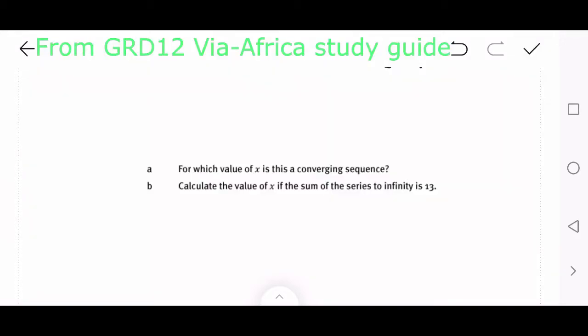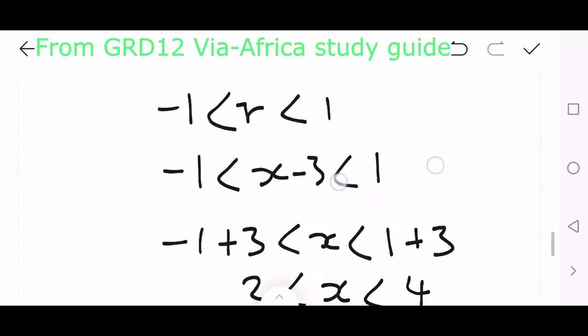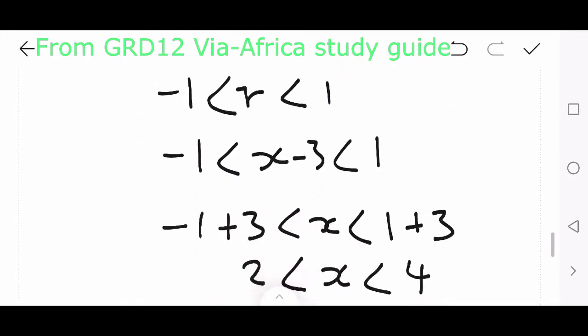The next question says, calculate the value of x if the sum of the series to infinity is 13. So now we need to calculate the value of s.